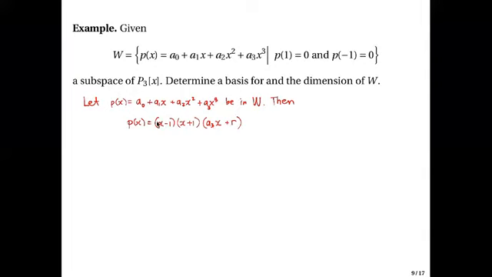So from here, what we're going to do is distribute this x minus 1, x plus 1 over this sum. So we will see a3 x times x minus 1, x plus 1, plus r times x minus 1, x plus 1.